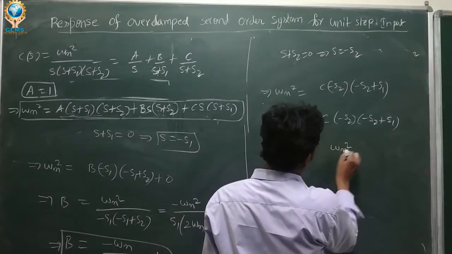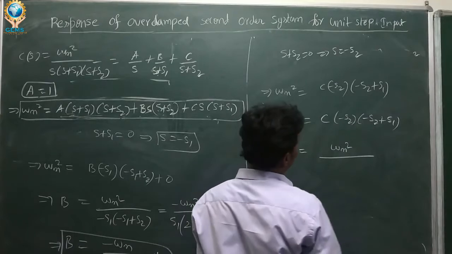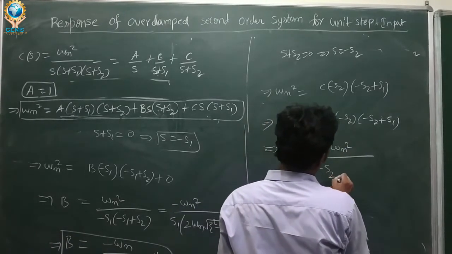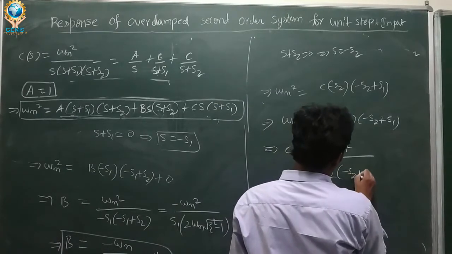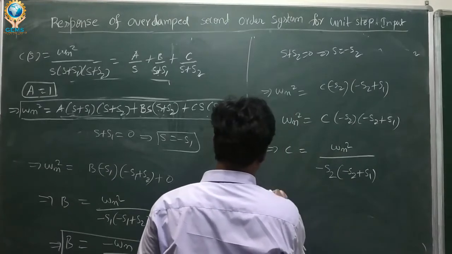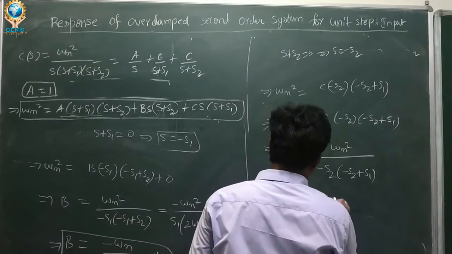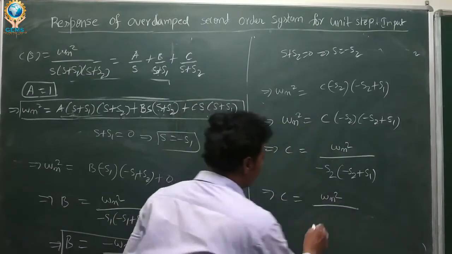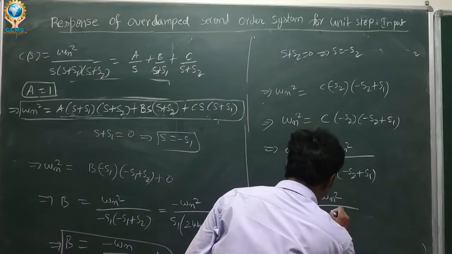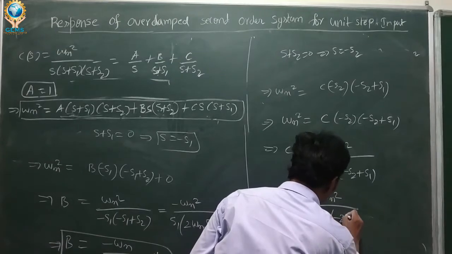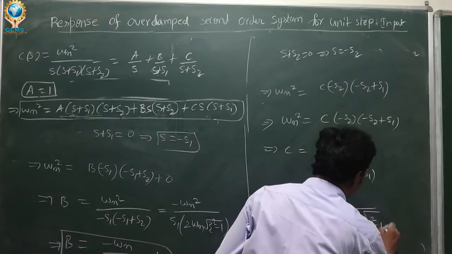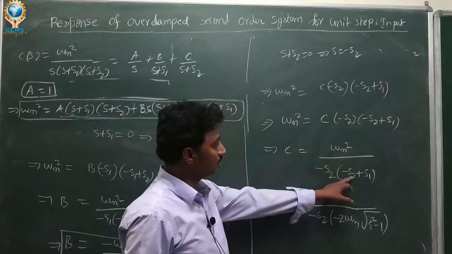omega n square by minus s2, right? Minus s2 plus s1. So c is equal to omega n square by minus s2 into minus s2 plus s1.